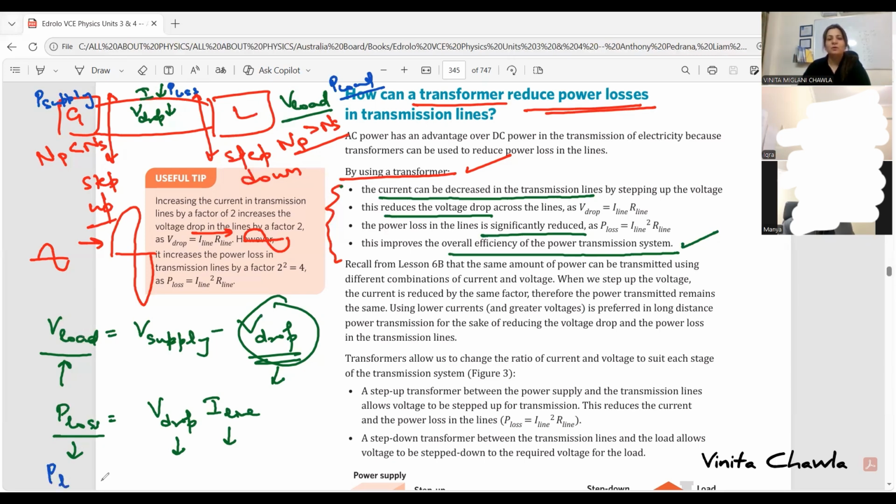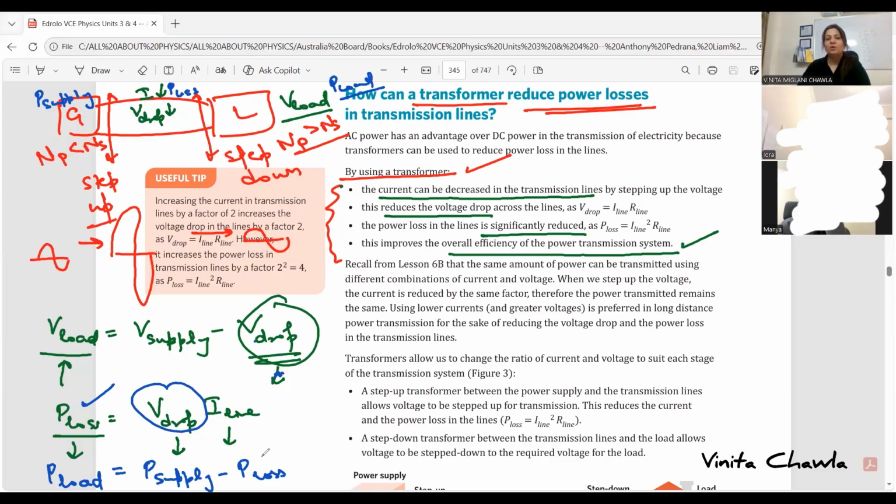The power that is delivered to the load is the power supply minus the power loss. Because of this voltage drop, we get the power loss in the transmission lines. So the power that is delivered is less as compared to the power that has been supplied.